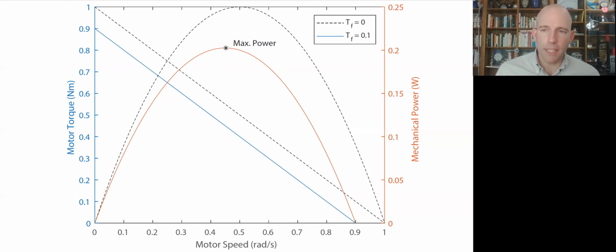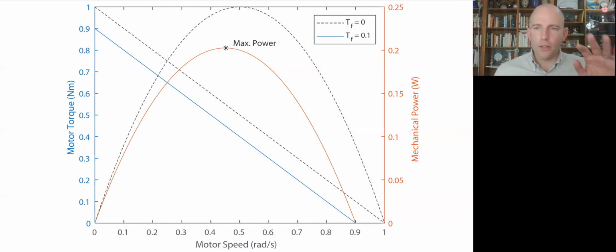We get about a 20% decrease in power. And why does that happen? Well, because the friction is reducing the output torque and the speed at which power is maximized, both by 10%. So you get this combined effect on the peak power.